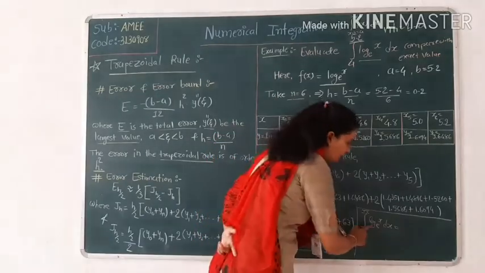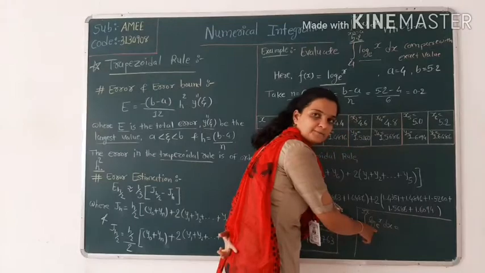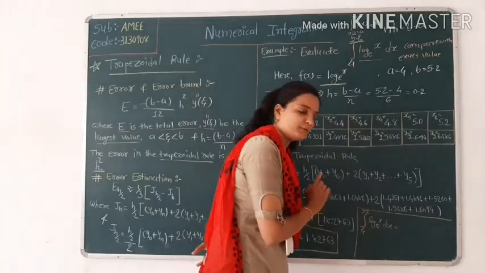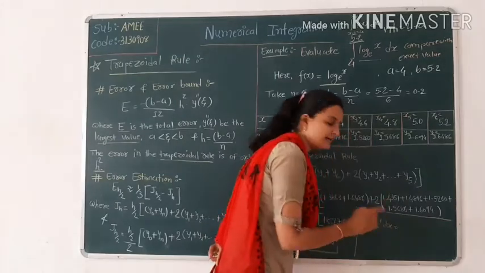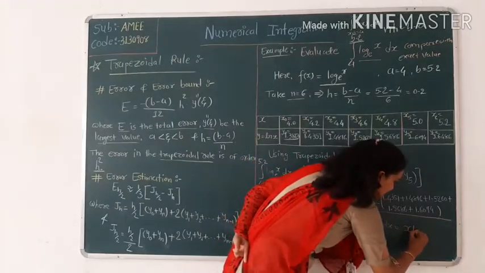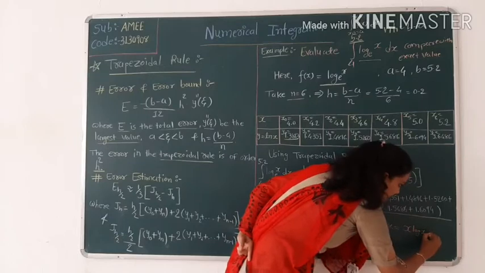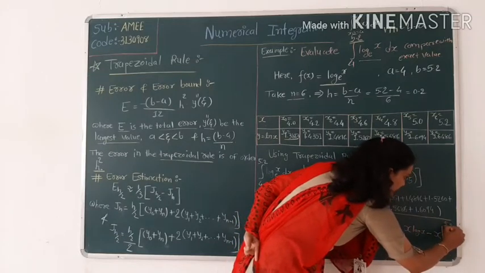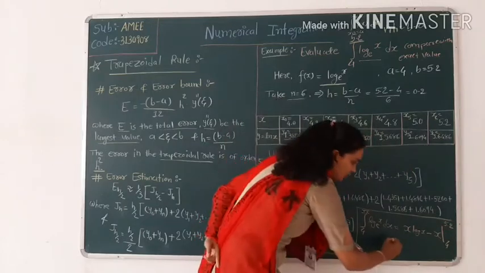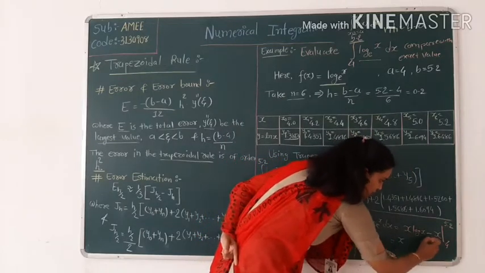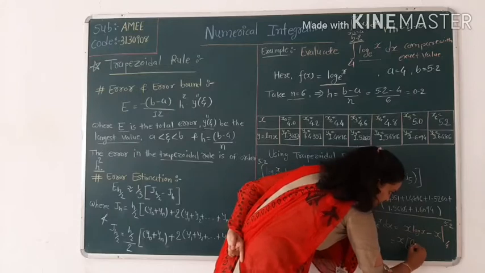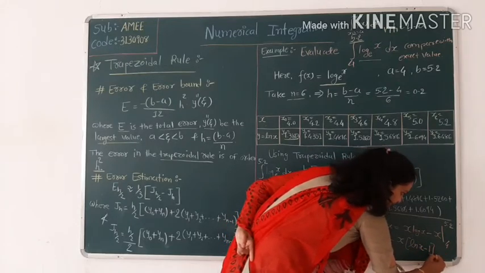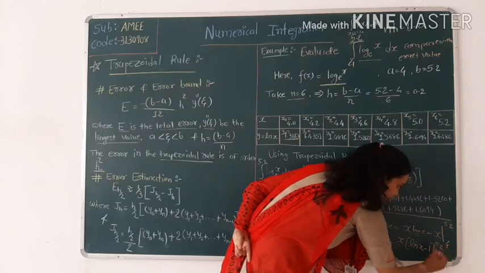Here log x to the base e is given, so 1 times log x to the base e. We integrate it, which gives x log x minus x, with limits 4 to 5.2. Here x is common, so x (log x minus 1) from 4 to 5.2.